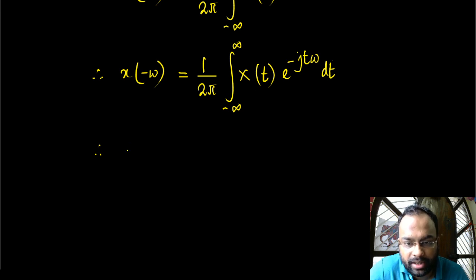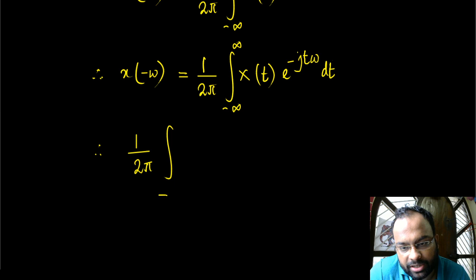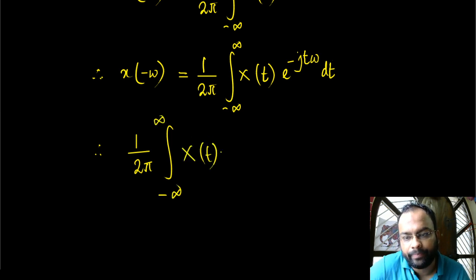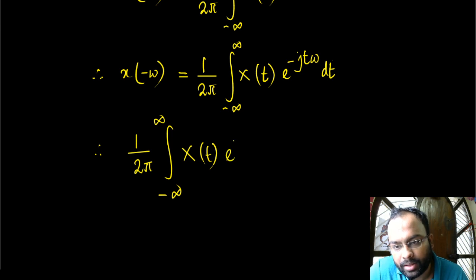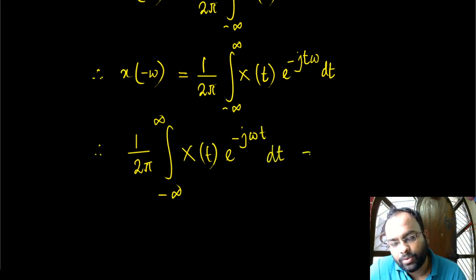I have 1 by 2 pi integration from minus infinity to infinity capital x of t e to the power minus j t omega, and omega t are the same, j omega t, dt, which is equal to x of minus omega.